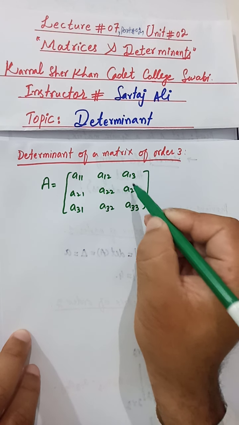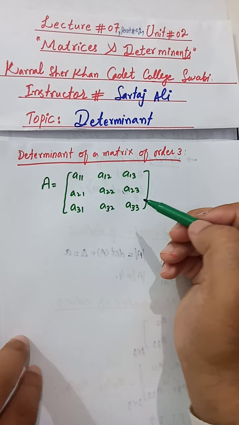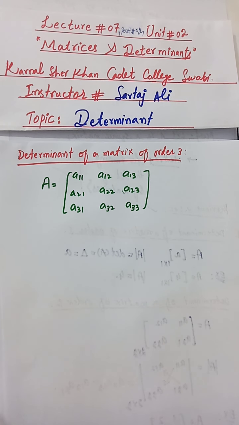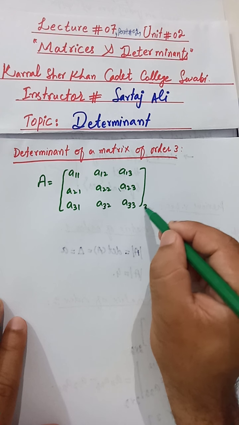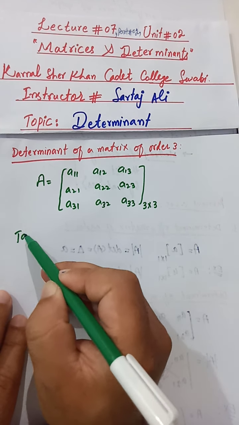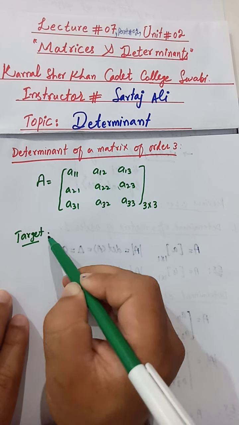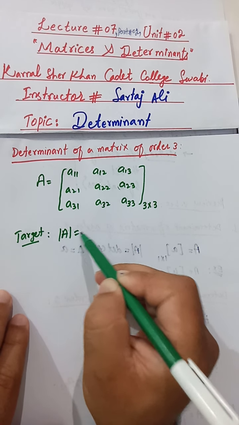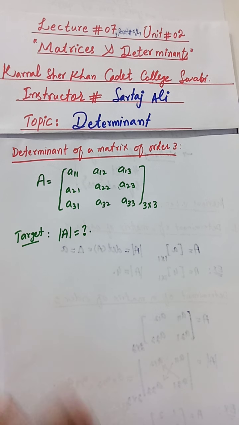For example, A23 is the element which lies in the second row and third column. In the subscript, the first number is for the row and the second is for the column. So this is a general matrix of order 3 by 3. The target is to find the determinant of this matrix. So how can we find it?